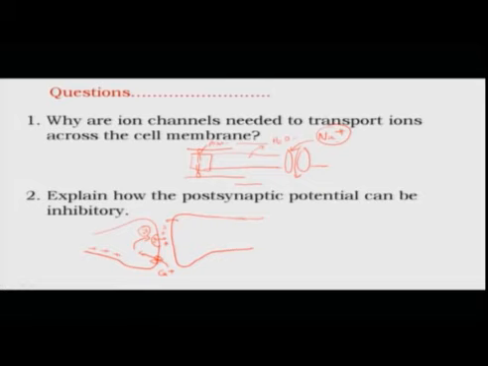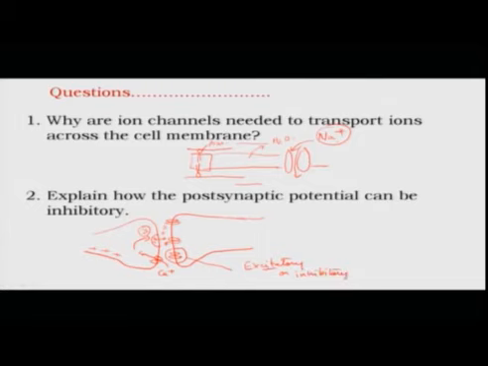Now, the neurotransmitter receptor which is present on the postsynaptic cell membrane is very specific, and what kind of receptor is present here will determine if this is excitatory or inhibitory.